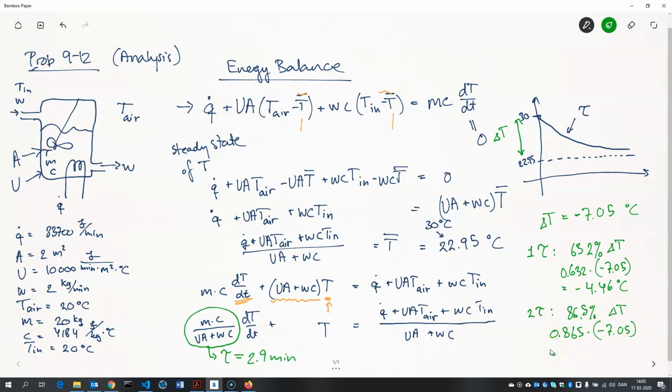That's something like, let's just check, minus 6.1 degrees Celsius. So this tau here tells us something about how fast the system responds to a change from the outside. And now we'll solve the differential equation. We could do it using the solution formula manually, or we could do it in Python. I'll do it in Python in the next video.